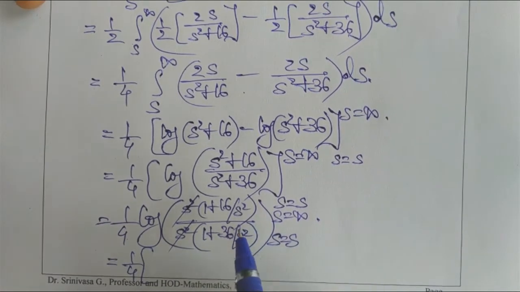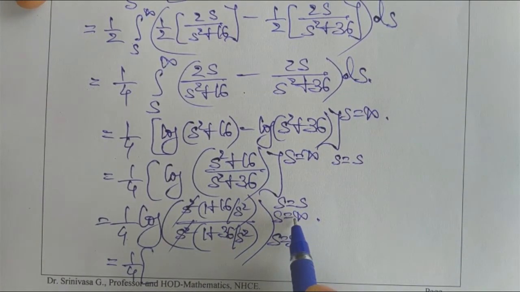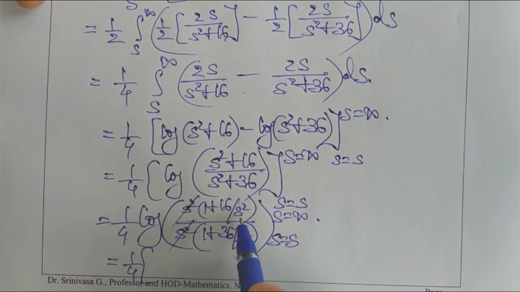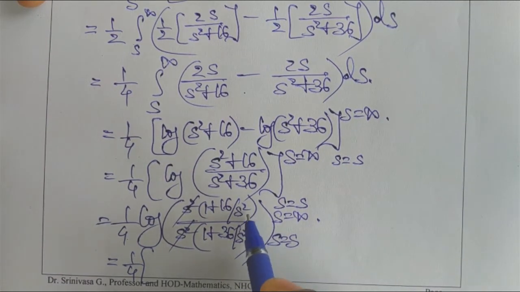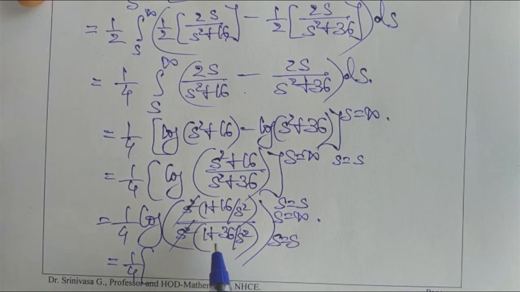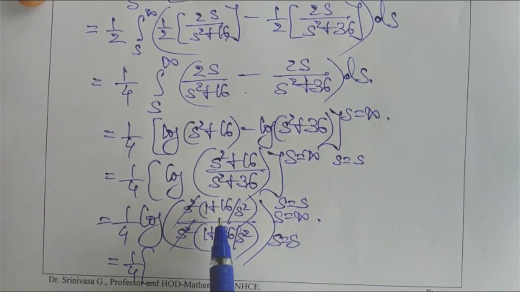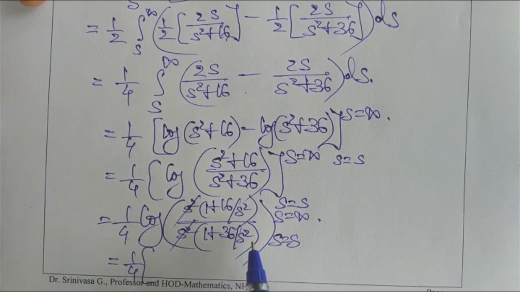Now apply the limits. When s is equal to infinity, 16 divided by infinity square is 16 by infinity, which is 0. So 1 plus 0 is 1. Similarly, in the denominator, 1 plus 0 is 1. 1 divided by 1 is 1 only.